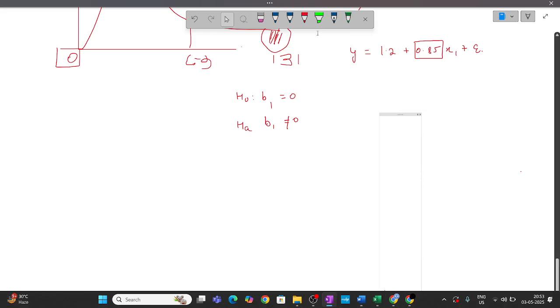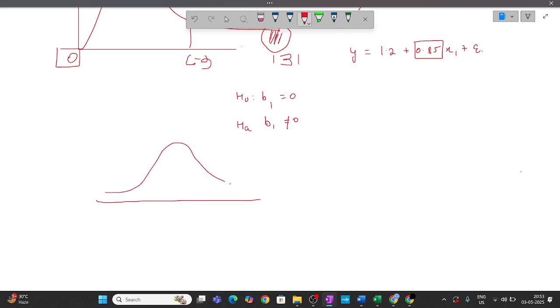And since we assume that the null is true, we put the null in the middle of this t distribution. We are going to put this null, which says that beta 1 equals 0. So we put 0 in the middle of the distribution, right? Now we calculate the standardized test statistic of this beta 1. How do we calculate that t stat, guys?